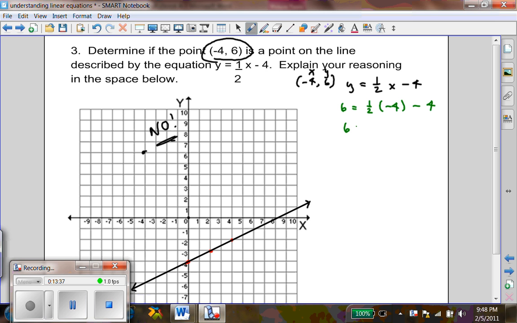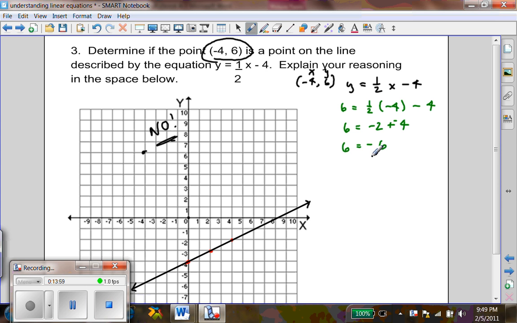So that means that 6 is equal to 1/2 times -4, or what is 1/2 of -4? And that is -2 minus 4. If I do my subtraction over here, remember subtracting is the same as adding its opposite. 2 negatives plus 4 negatives gives me 6 negatives.